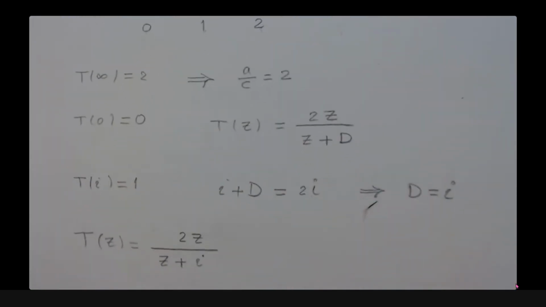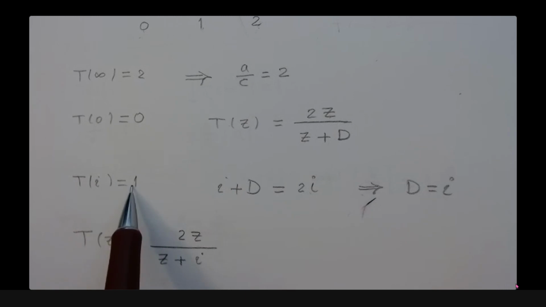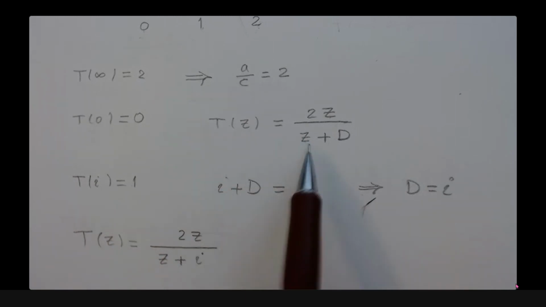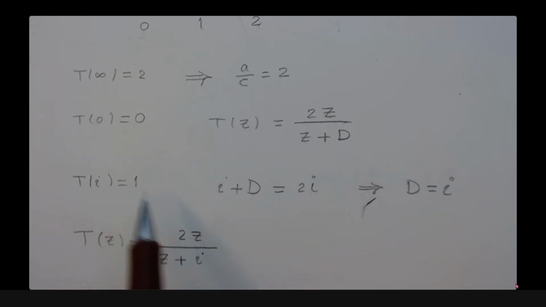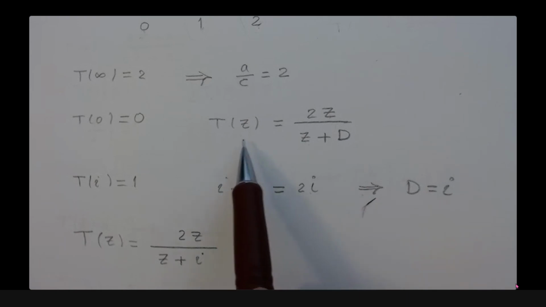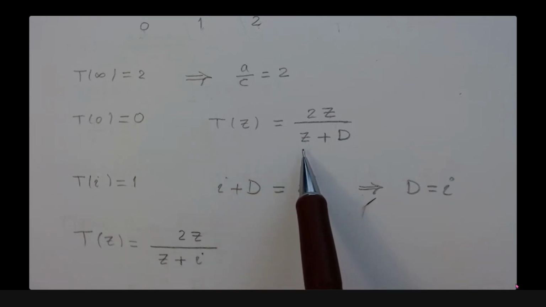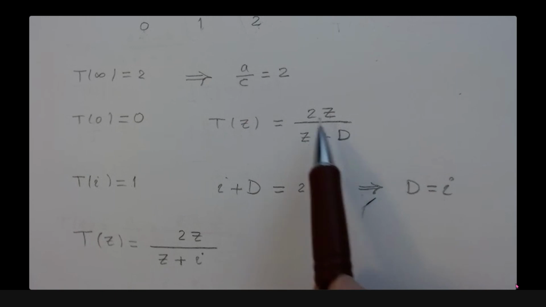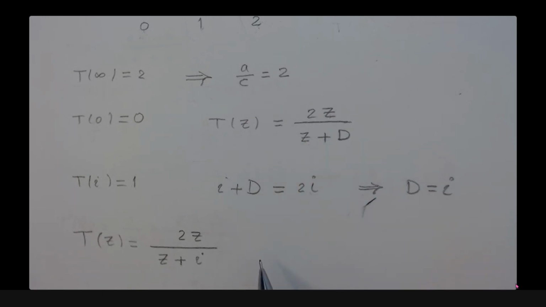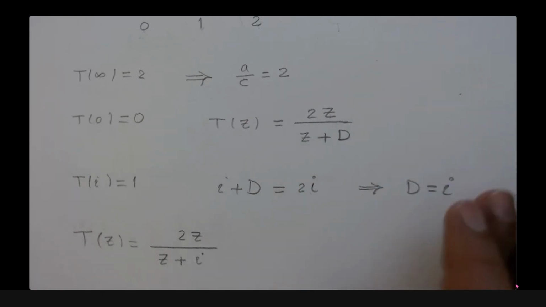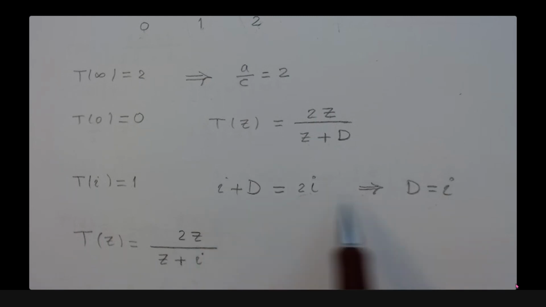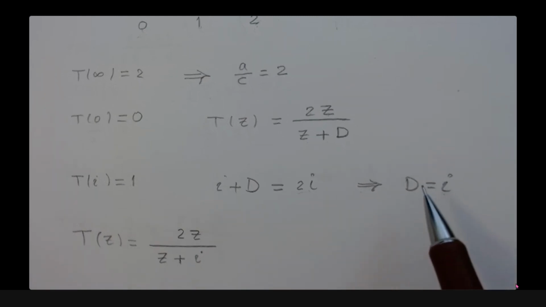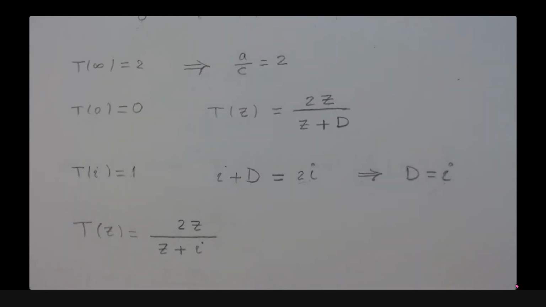So if you plug I here, output should be 1. So that means I plus D is 2I, okay? And D is I. Does it make sense now?